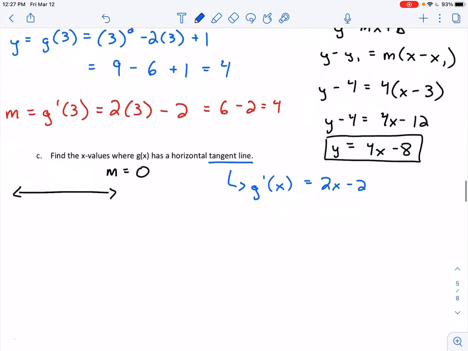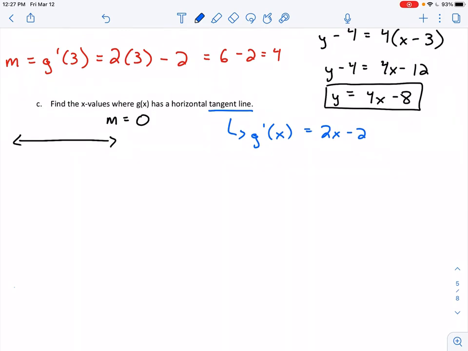So I want to find the places where our function g of x has a horizontal tangent line. Well, we know that the derivative g prime of x tells us the slope of the tangent line. So g prime of x is equal to the slope of the tangent line, but we don't want just any old slope. We want specifically a slope of 0.